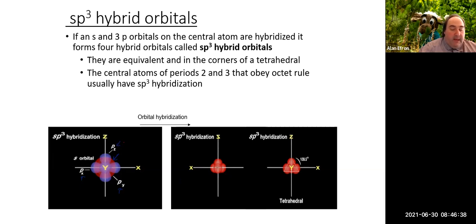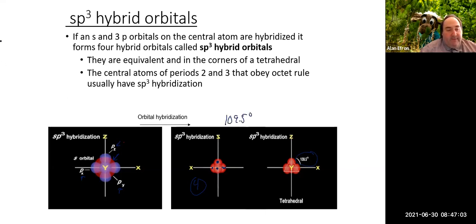And again, they're going to hybridize, and because we're taking 1 s orbital and 3 p orbitals, they're going to give us 4 hybrid orbitals. You can see it here, 1, 2, 3, and 4. These are separated by, again, a very common bond angle of 109.5 degrees.